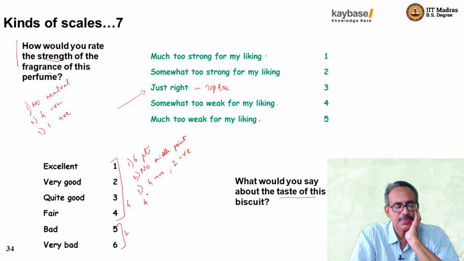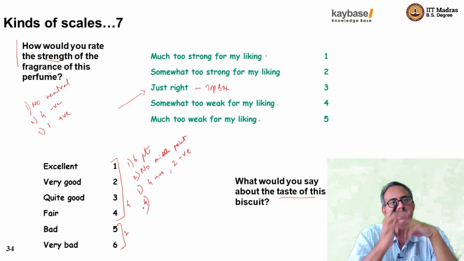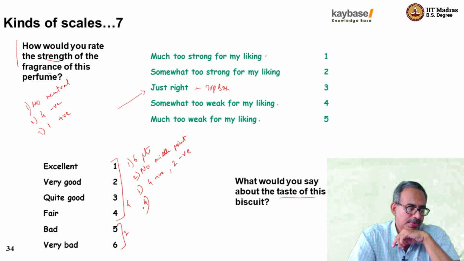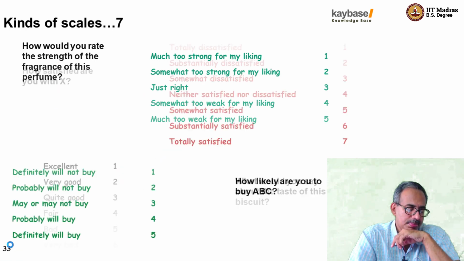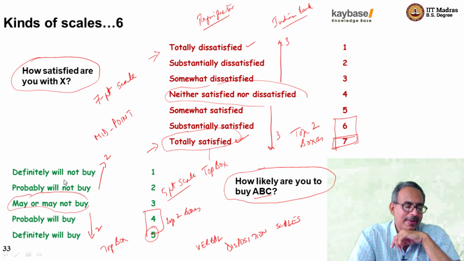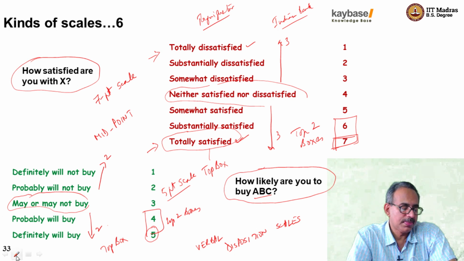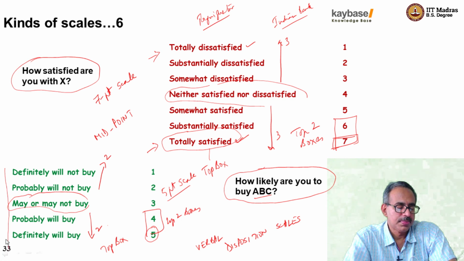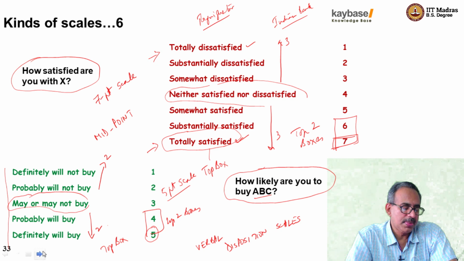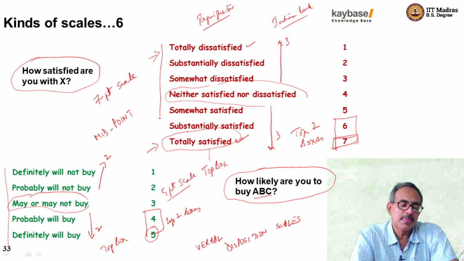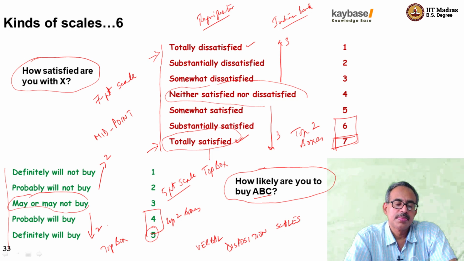Actually, there is one more difference. We'll go back. We'll refresh your memory. Read out the scale. Definitely will not buy, probably will not buy, may or may not buy, probably will buy, definitely will buy. Now read out this scale. Totally dissatisfied, substantially dissatisfied, somewhat dissatisfied, neither satisfied nor dissatisfied, somewhat satisfied, substantially satisfied, totally satisfied.